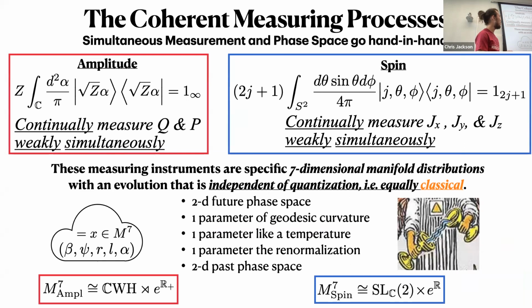Each of these is a POVM element, and there's the whole sphere of POVM elements, or a whole plane of POVM elements. These are fancy names for the 7-dimensional manifolds I'll be talking plenty about. And this cloud again was just in reference to how to interpret the differential measuring process.